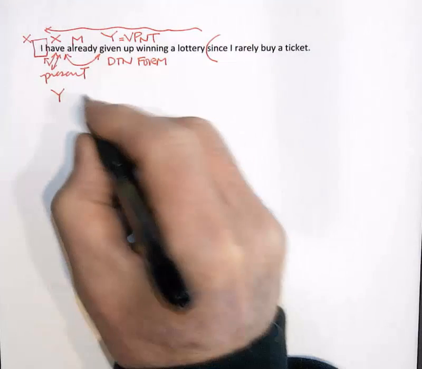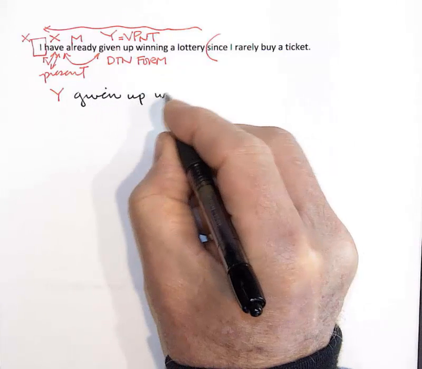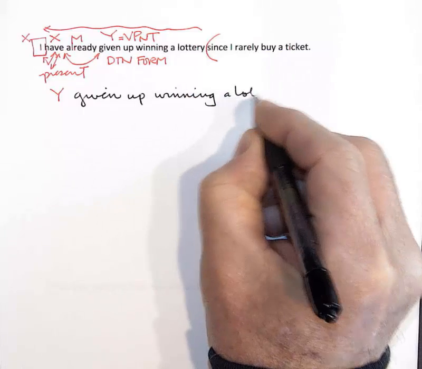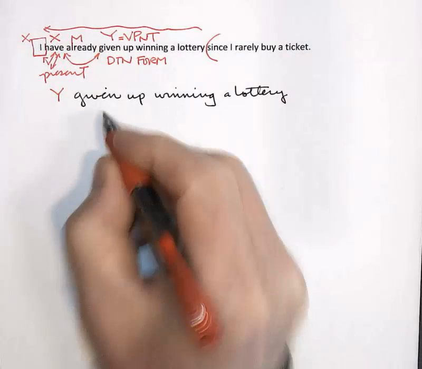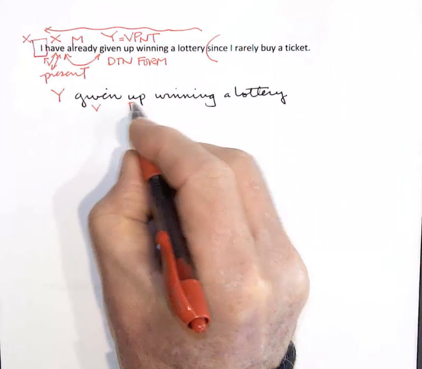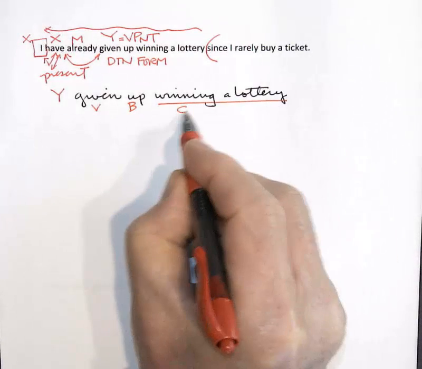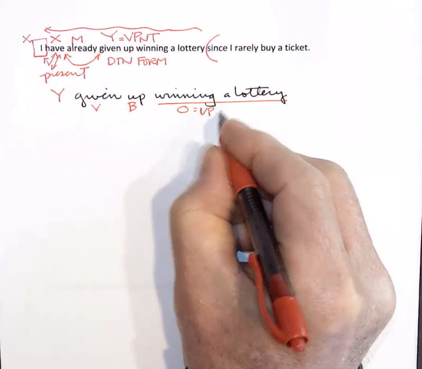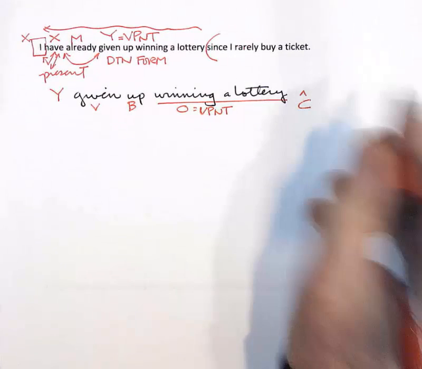We'll rewrite our Y. Given is the verb, up is the particle, and winning a lottery is the object. It's a verb phrase, no time, and the complement place is empty.